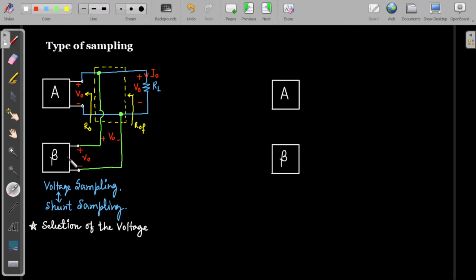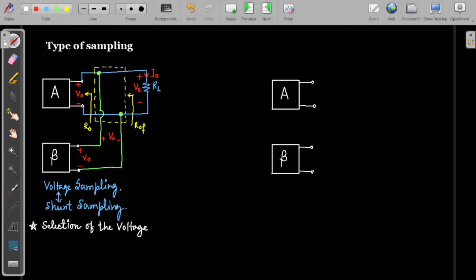Similarly, let's go for the next type of sampling. Let us say the same thing we are doing. Suppose this is the basic amplifier. Okay, so the input voltage to the basic amplifier यहाँ पे है, and this one is the feedback.